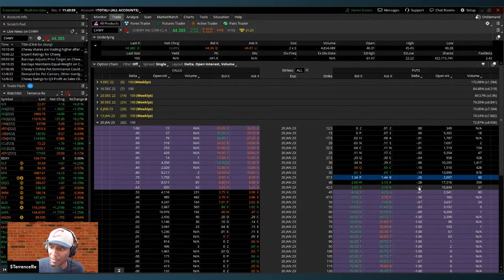If I'm selling this, and it's like a 37 delta, it's basically saying you got a 63% probability of profit. That's a rough estimate using the delta.